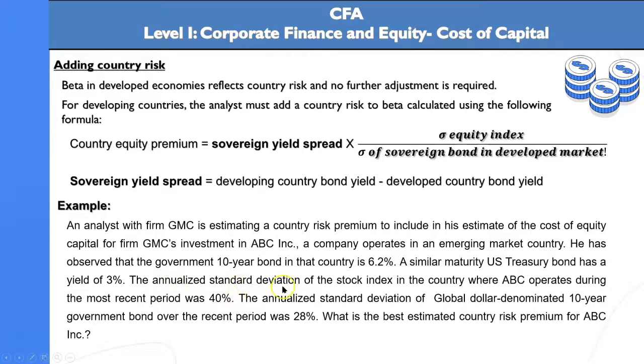The annualized standard deviation. What is the meaning of annualized? We calculate it on a daily basis, the fluctuation in the index, but then we have to annualize it for the whole year. Standard deviation, that is sigma, of the stock index of that country where ABC operates is 40%.